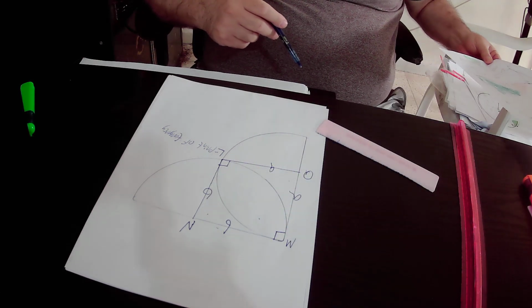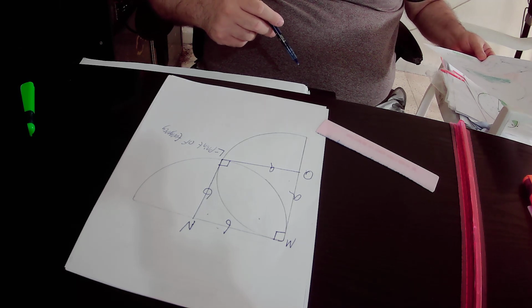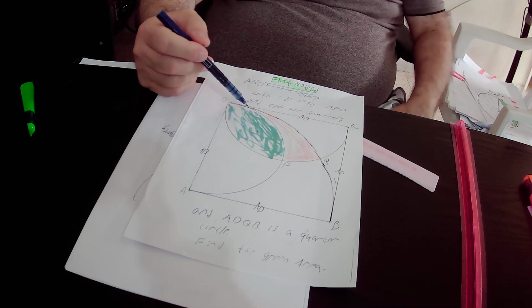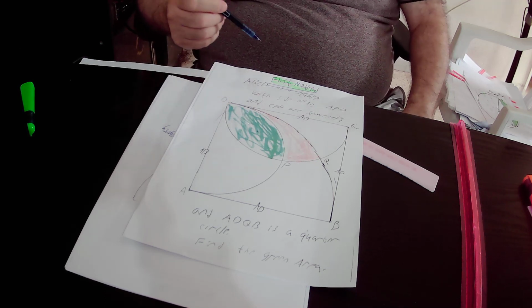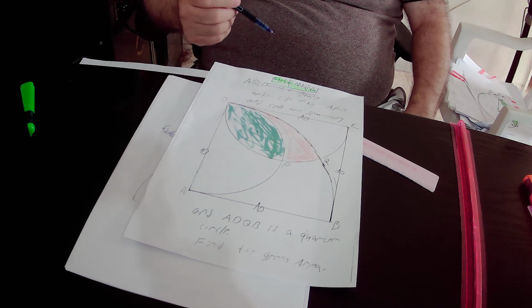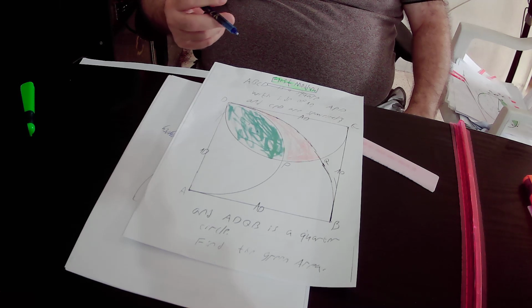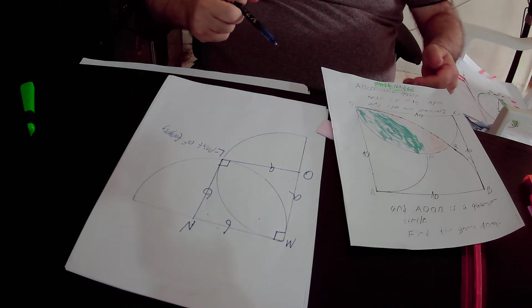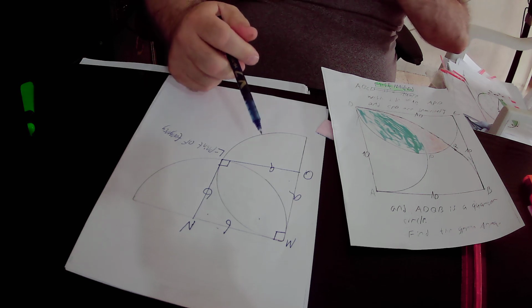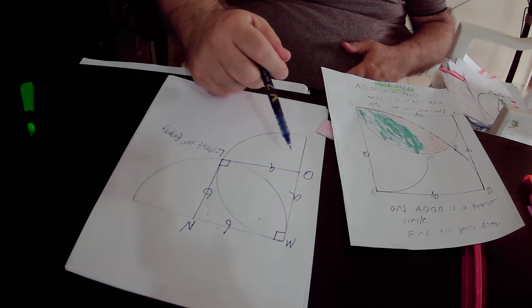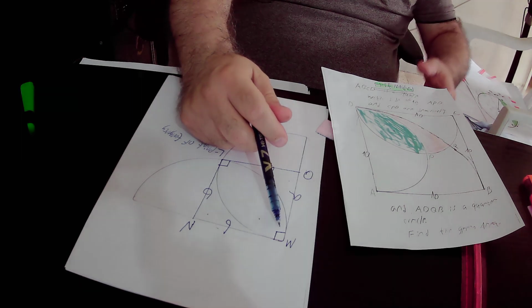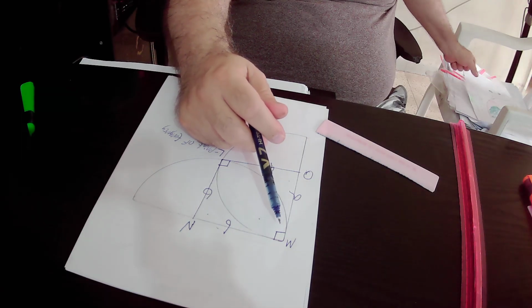So both the blue lens and the big lens were created by the intersection of two shapes that are perpendicular to each other, and here we have those two semicircles that are perpendicular to each other, that is to say this angle equals 90 degrees.